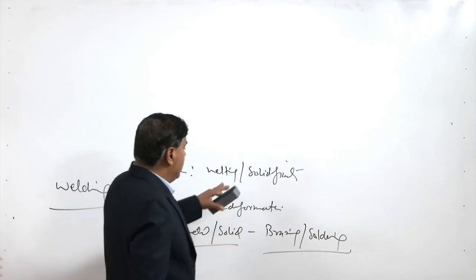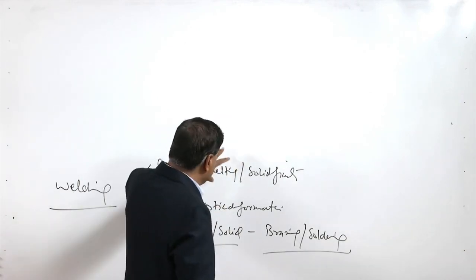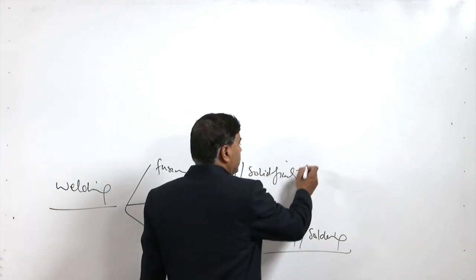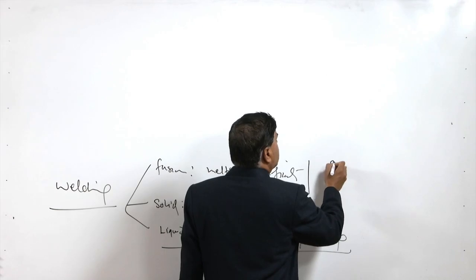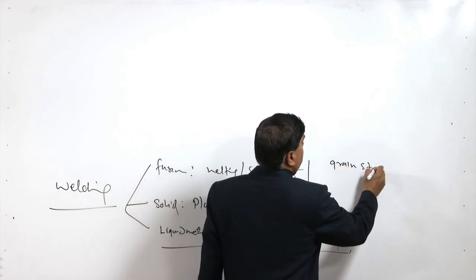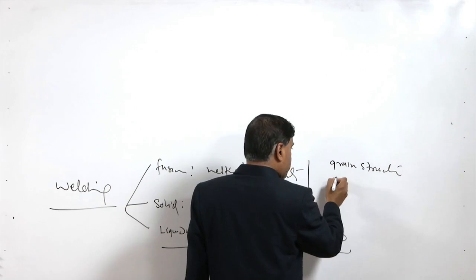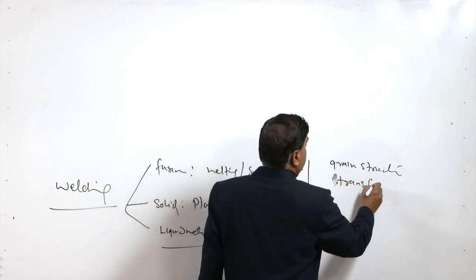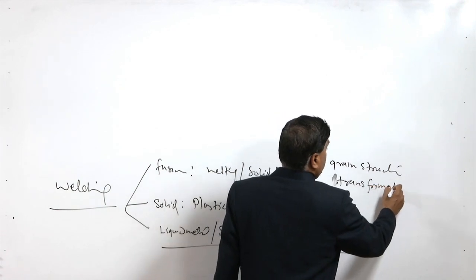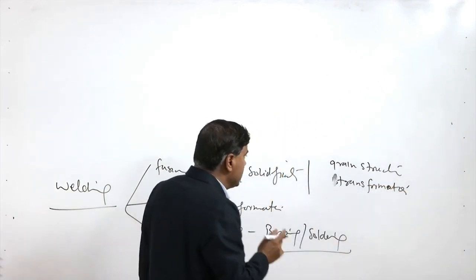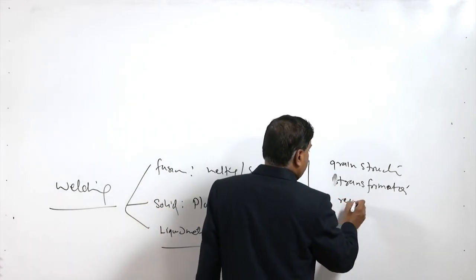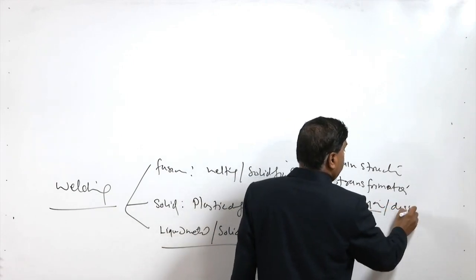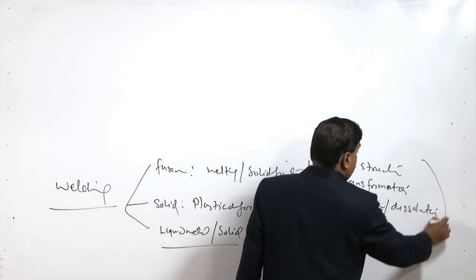Depending upon the cooling rate experienced in the fusion welding processes and the transformation hardening, these are the two things: the grain structure as per the cooling rate, and transformation hardening in case of the heat treatable steels, and reversion or dissolution of the precipitates in case of the precipitation hardenable systems.